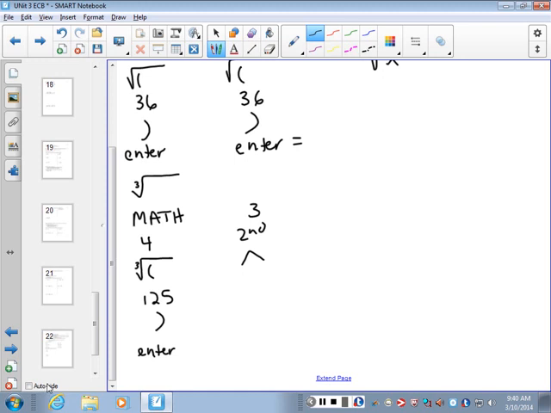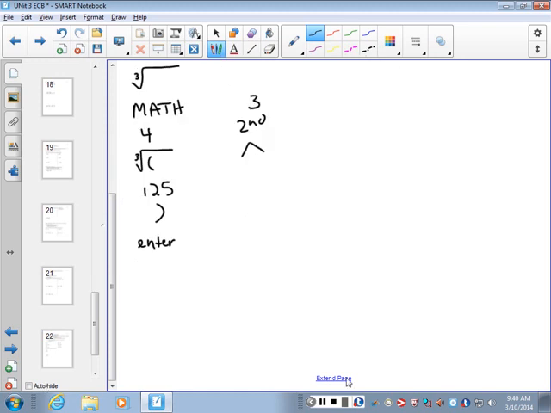What you should see now on your screen is 3 and then a radical that has a little x with it. Your calculator is sucking that big 3 in place of the little x to be a cube root. You're going to type 125. It did not open parentheses, so you don't add any, and then you just hit your enter, equal.